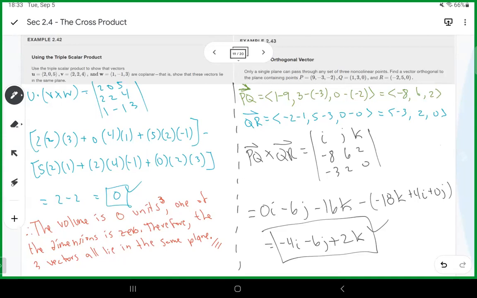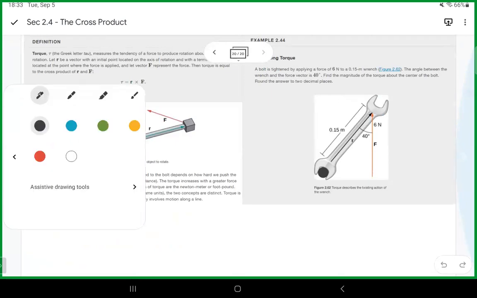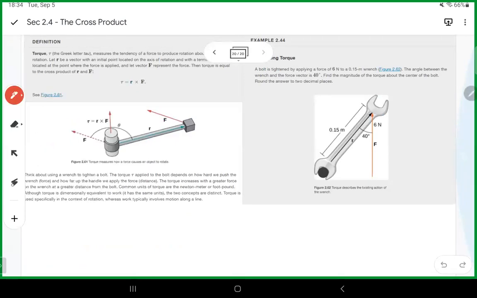All right, the next one is our application problem. You guys might need to look at this closer in the book if it's too small, but it's in there for you. I just pulled it out in case you wanted to see it here. It's saying a bolt is tightened by applying a force of 6 newtons to a 0.15 millimeter wrench. The angle between the wrench and the force vector is 40 degrees.